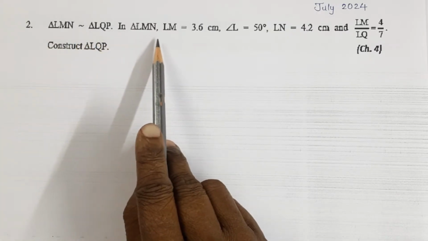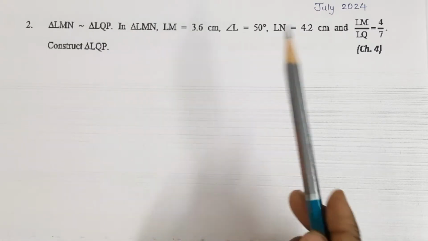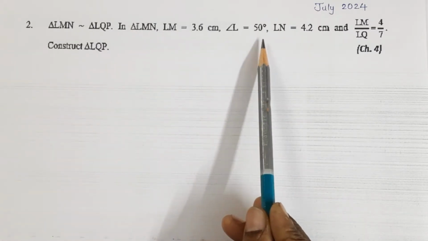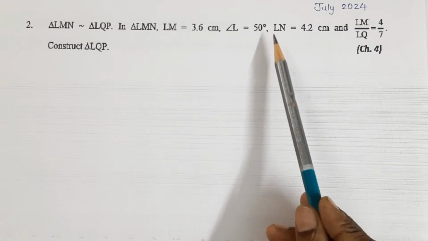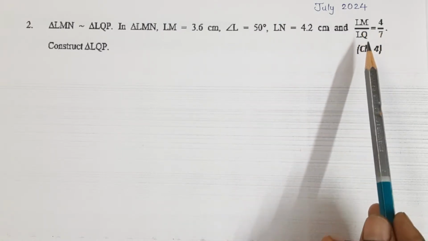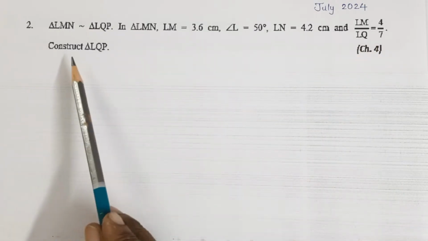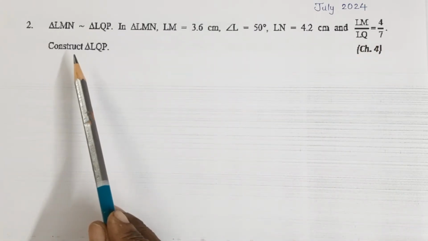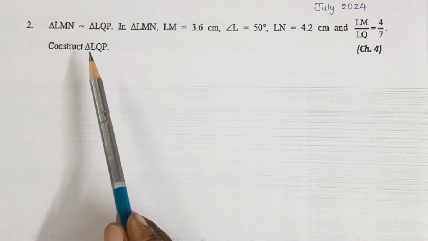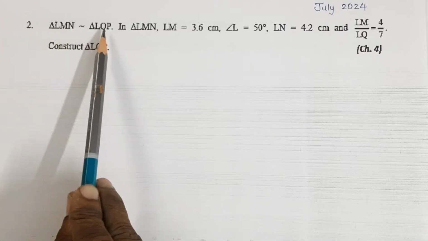In triangle LMN, LM is equal to 3.6 centimeter, angle L is equal to 50 degrees, LN is equal to 4.2 centimeter, and LM upon LQ is equal to 4/7. Construct LQP. So now there are two triangles, LMN and LQP.